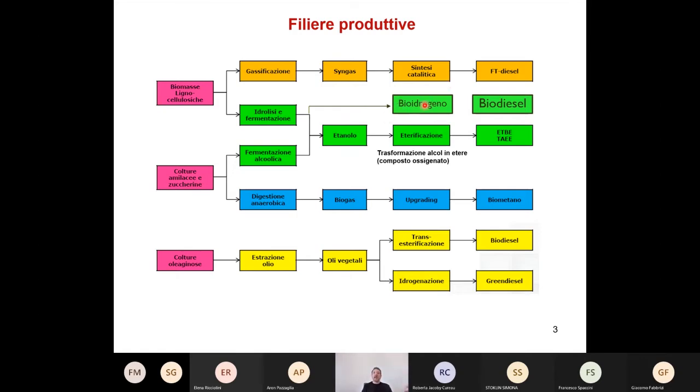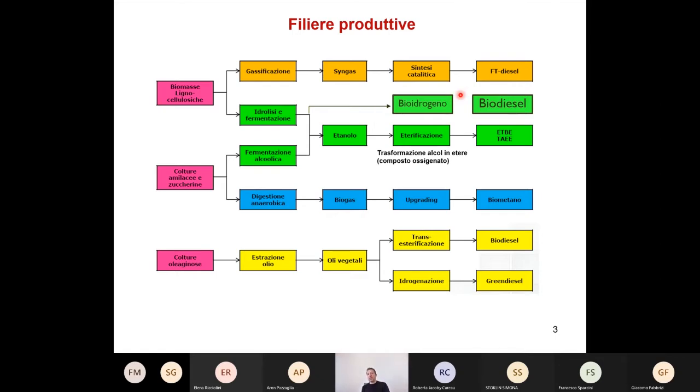It's a quite new energy vector, becoming very important just in the last one or two years, from the PNRR, the National Plan for Resilience, and the restart of the economy is investing a lot of money in the production of hydrogen, in particular green hydrogen.